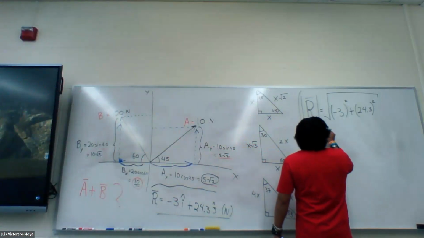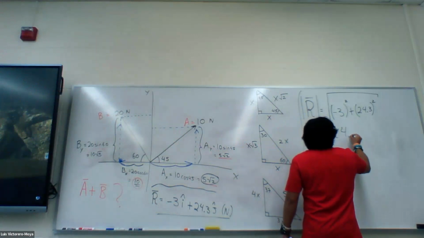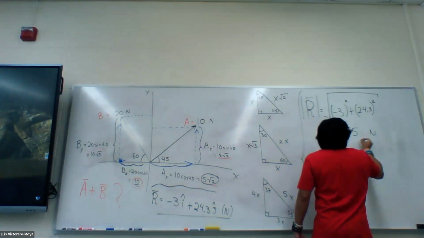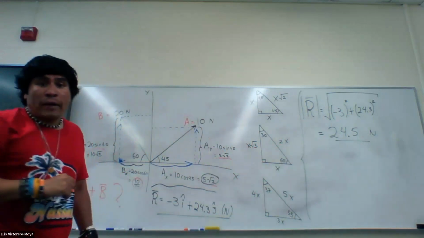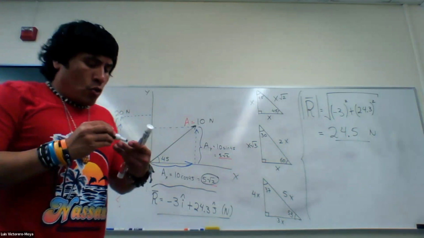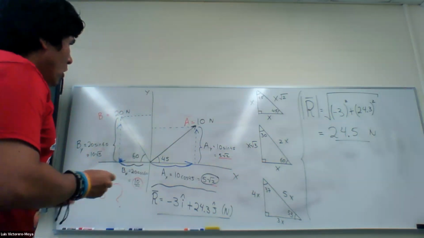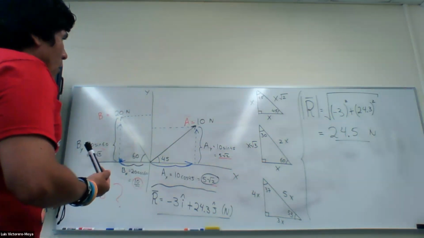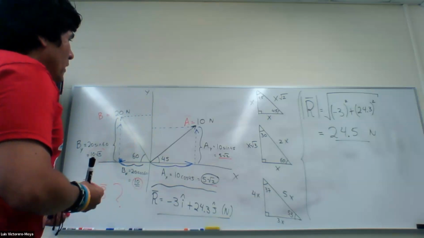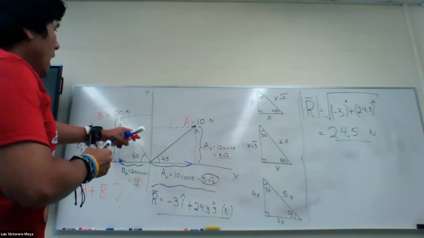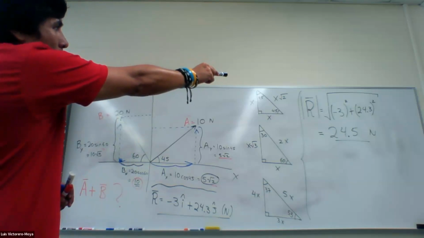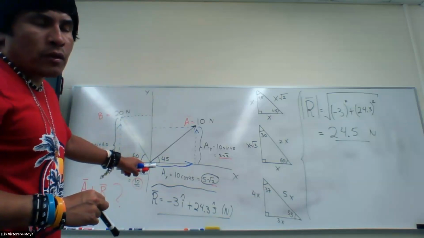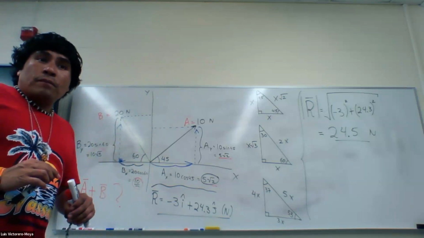So this is about 24.5. So that's the magnitude of this. And that's how you solve problems using vectors. Make sure you are taking note of the method. All right, how to break vectors into components, how to use the components, how do you add them, how do you write the answer, what's the difference between the magnitude and the vector form, because you're going to need it.